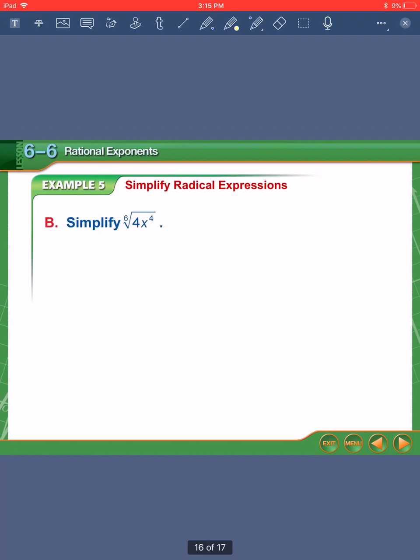The next example, I have the 6th root of 4x to the 4th. So I'm going to break this up and say it's 4 to the 1/6 power times x to the 4/6 power. Well, 4 I can rewrite to be 2 squared. So this is really 2 to the 2/6 power times x to the 4/6 power.